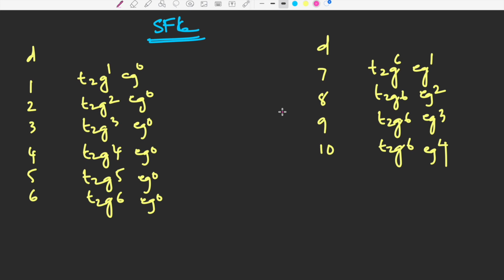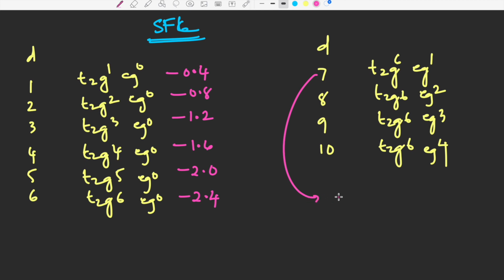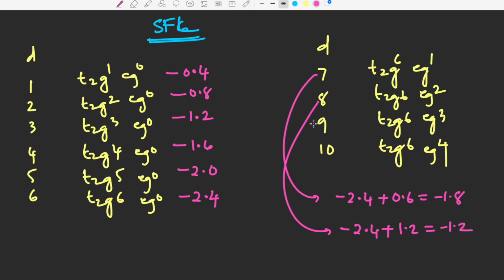Crystal field stabilization energy can also be calculated here. So this is minus 0.4, this is minus 0.8, this is minus 1.2, right? This is minus 1.6, this is minus 2.0, this is minus 2.4. So D7 is minus 2.4 plus 0.6 equal to minus 1.8. So D8 is minus 2.4 plus 1.2 equal to minus 1.2.